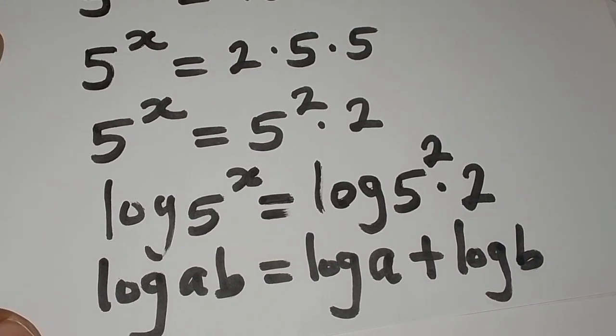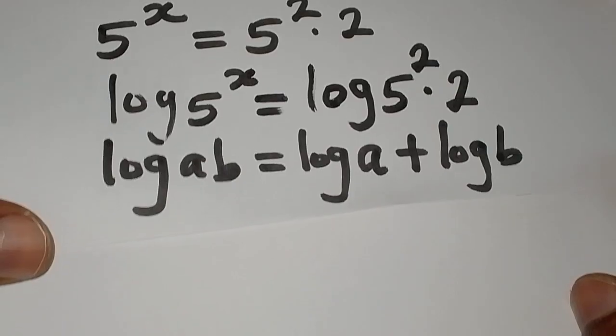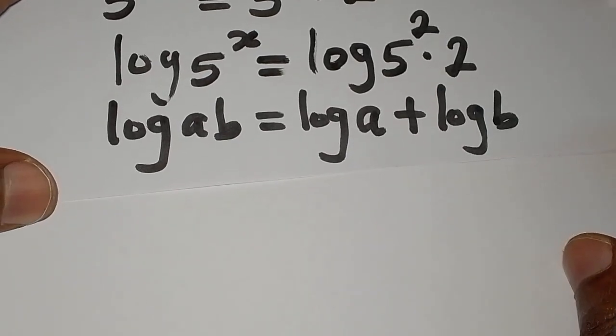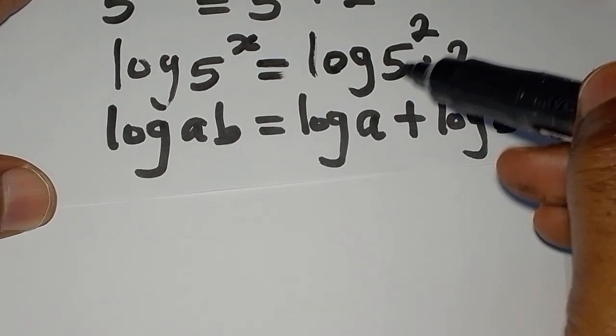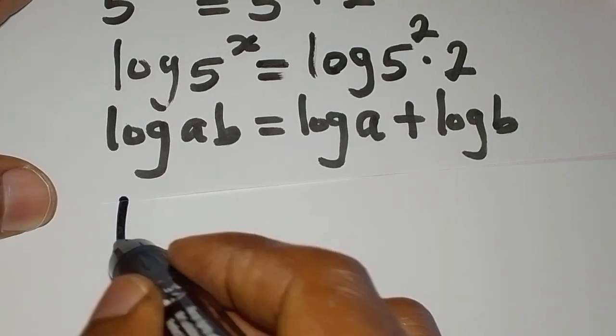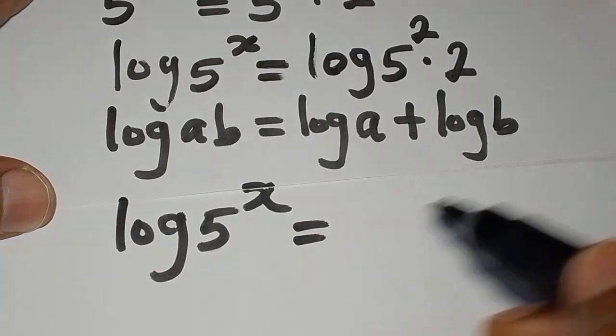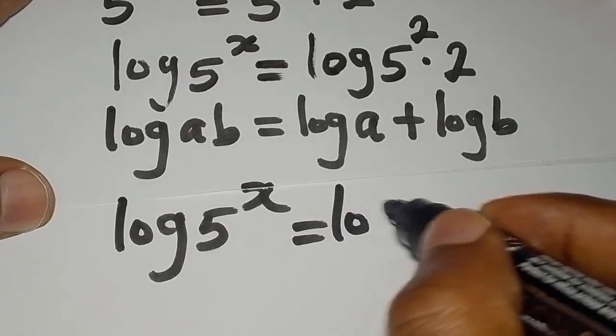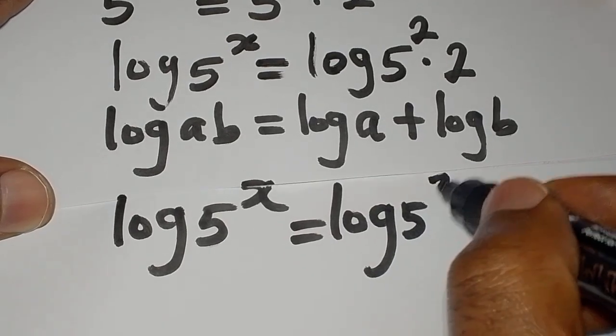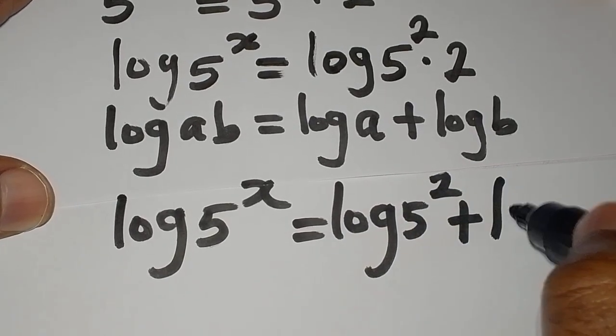This means that our log 5 squared times 2 will now become log 5 squared plus log 2.